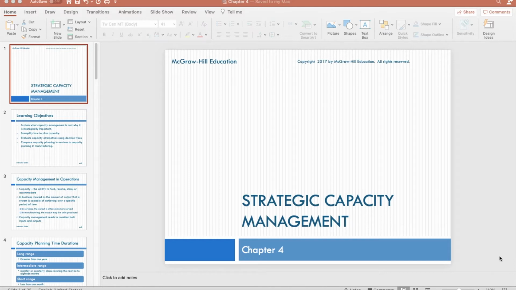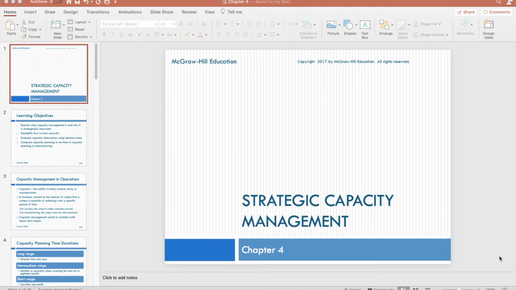Because you still need a very strong capability to handle operations management from your own firm's perspective, no matter whether you are producing products or providing services to your customers. That's why capacity management is a very important dimension in order to improve the overall operations management ability of your firm. That's why we will talk about this chapter.